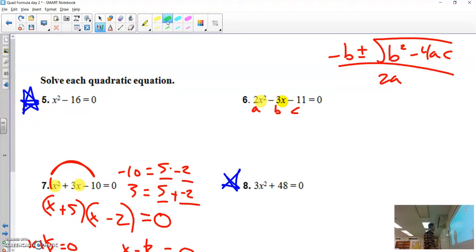So when we are looking at this one, you could factor this. But to be honest, I see that I could just add 16 over, and x squared is by itself. Now, if you noticed in 5 and 8, x squared is the only variable in it. Like with 6, x is in 2 separate places. They're both x, but one's squared and one's not. That's quadratic and linear, by the way.